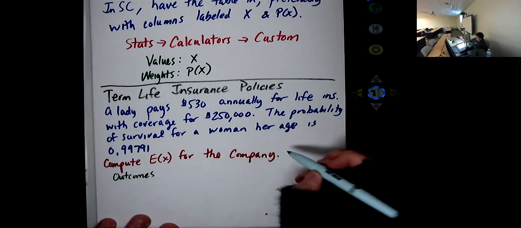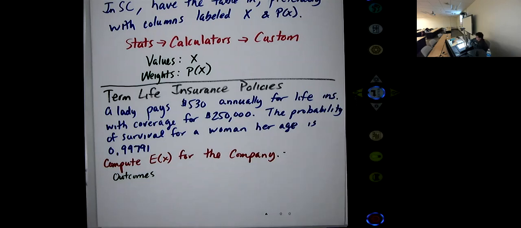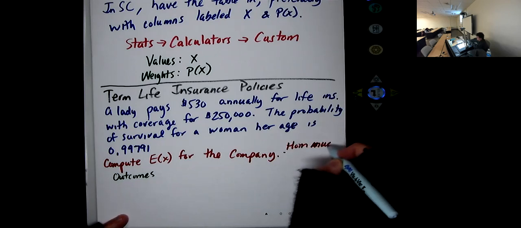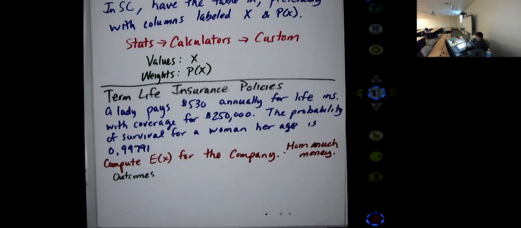Expected value for the company must be related to how much money, right? That's what's of value to the company, how much money. So we're going to be looking at money in terms of our X's. What are the two outcomes in this scenario?